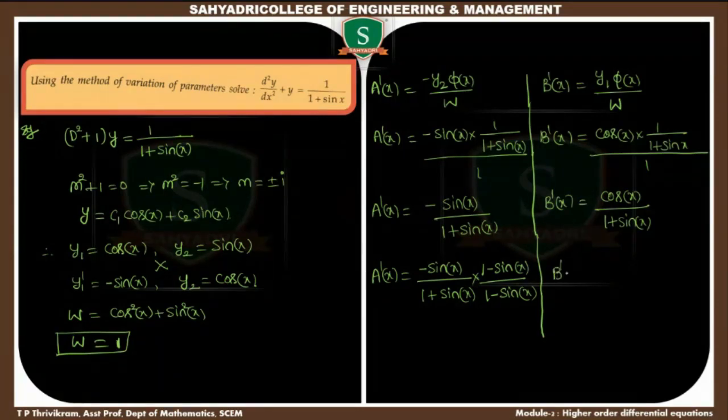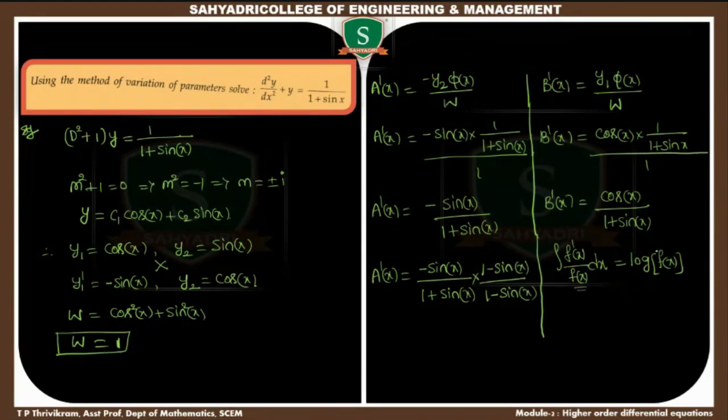So here also b dash of x is equal to cos x by 1 plus sin x. So here you can make use of this formula. What is it? Integration of f dash of x by f of x dx is nothing but log of f of x. Okay. So you can make use of this.